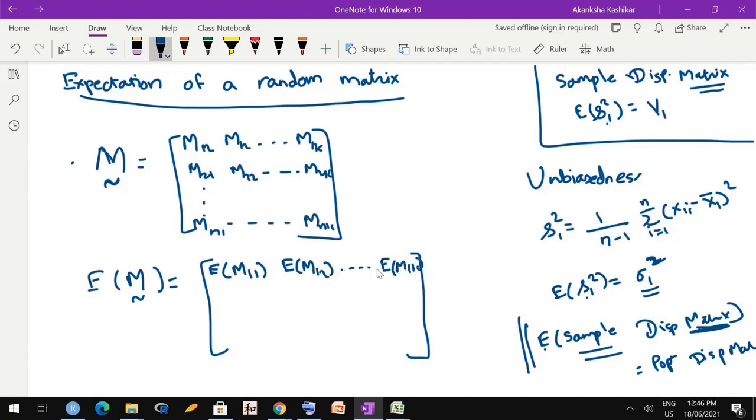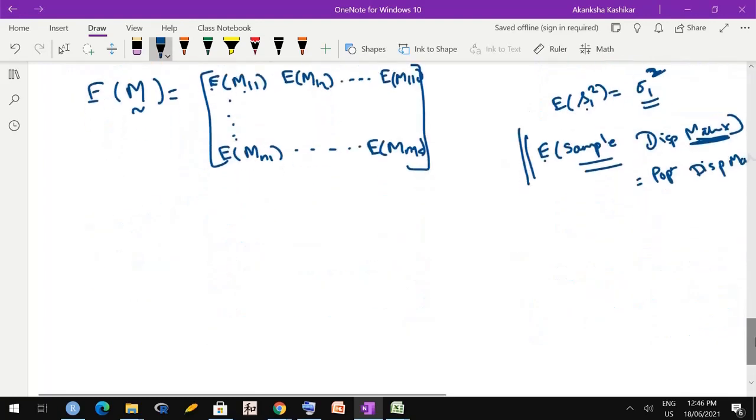Is it okay? What I am doing is simply taking expectation inside the matrix. So I would say expectation of a matrix is the same as the matrix of expectations of the individual components. Okay so far? Yes, ma'am.